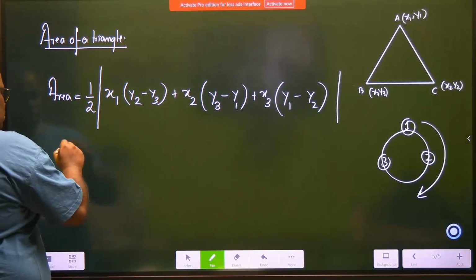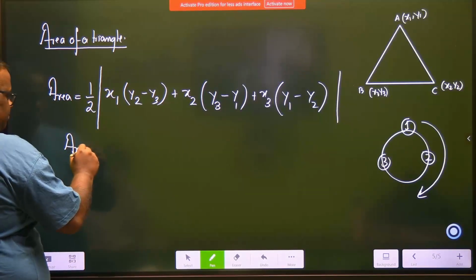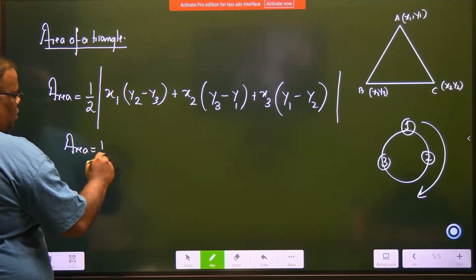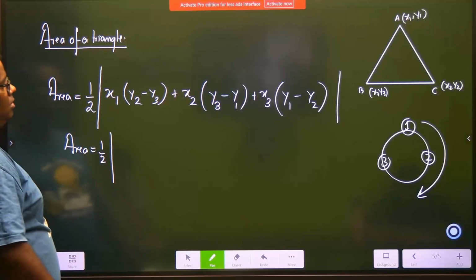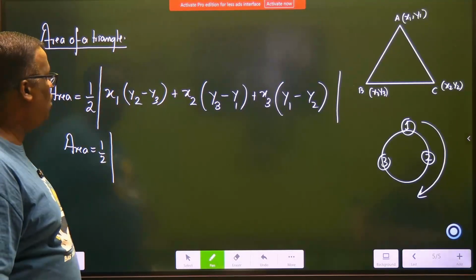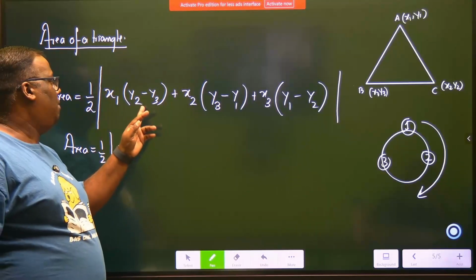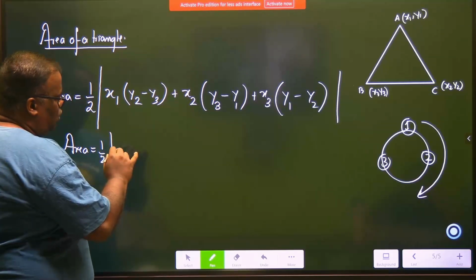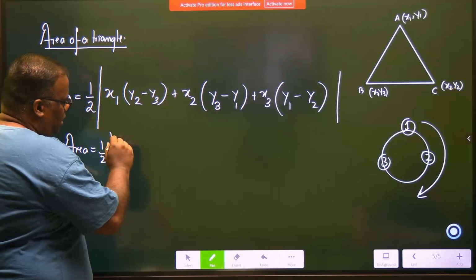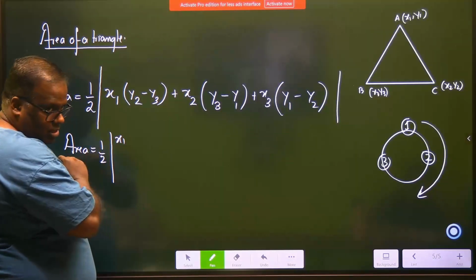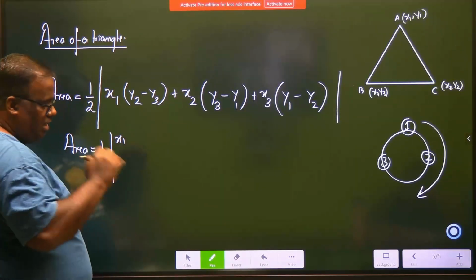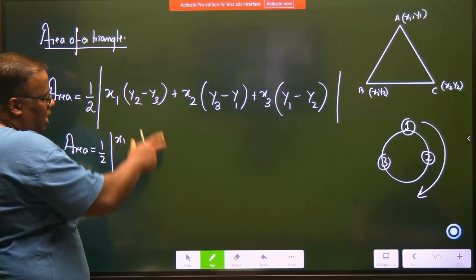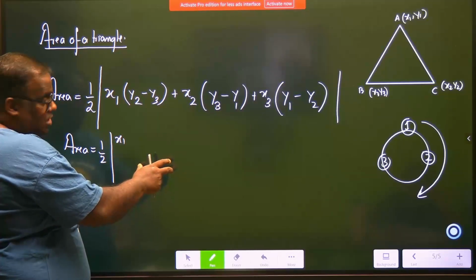So if you want to write this in matrix form, sorry, determinant form. So you have a y2 minus y3. Just see, I should be having an x1 out here. And if I expand it, I should get this as the 2 by 2 matrix.